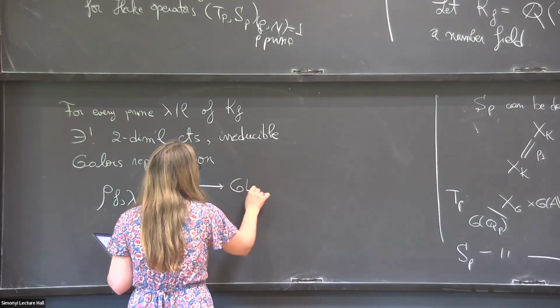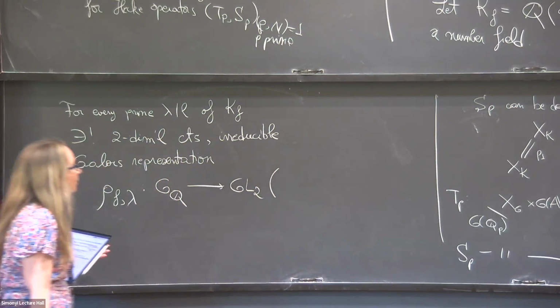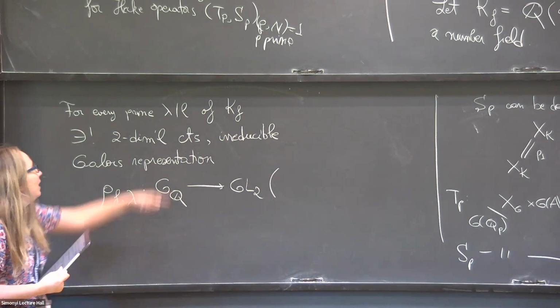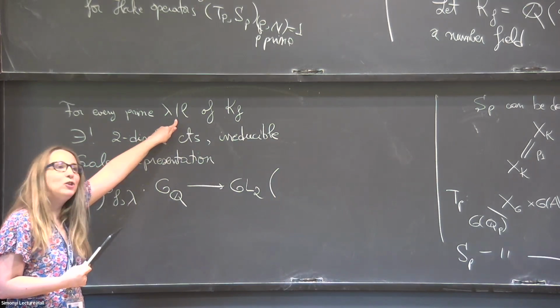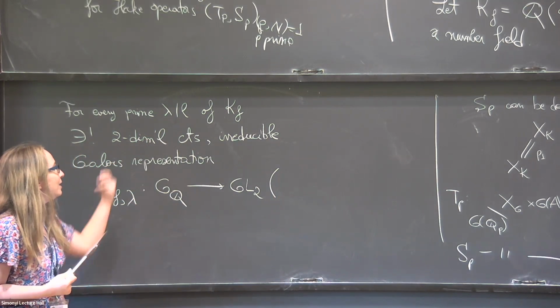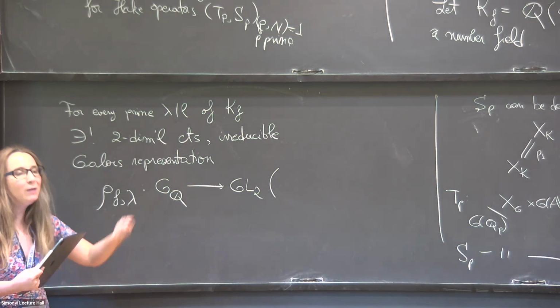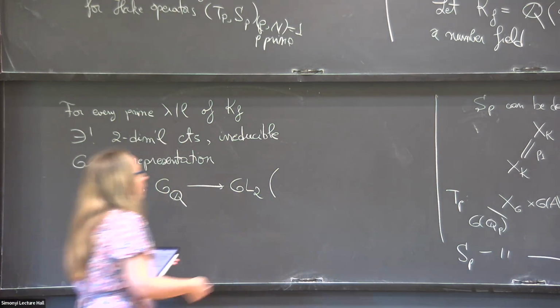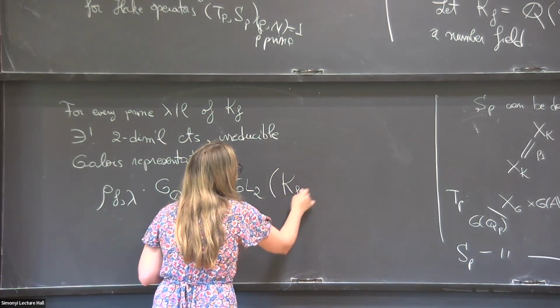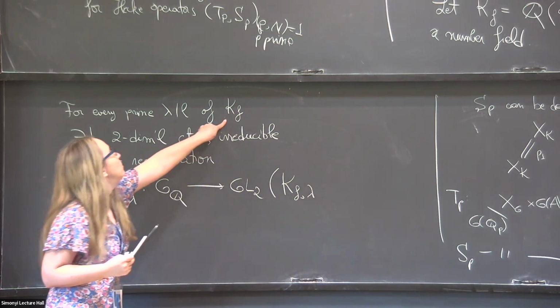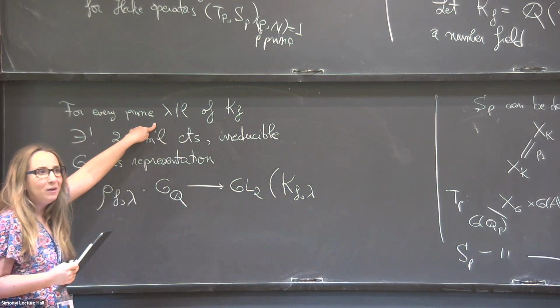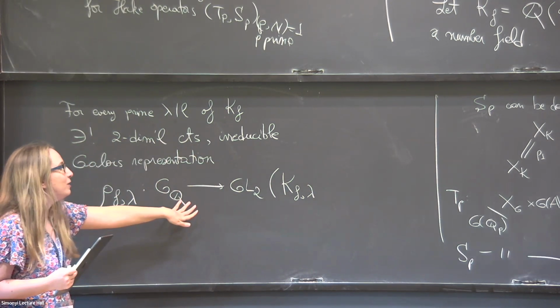And it's two-dimensional. And it's valued, essentially you want it valued in QL, the L-adic completion of Q, except that because these coefficients aren't necessarily defined over the rational numbers, sometimes you need to go to a finite extension there. And the finite extension that you go to is the completion of the number field along this prime. But you don't have to worry too much about that.